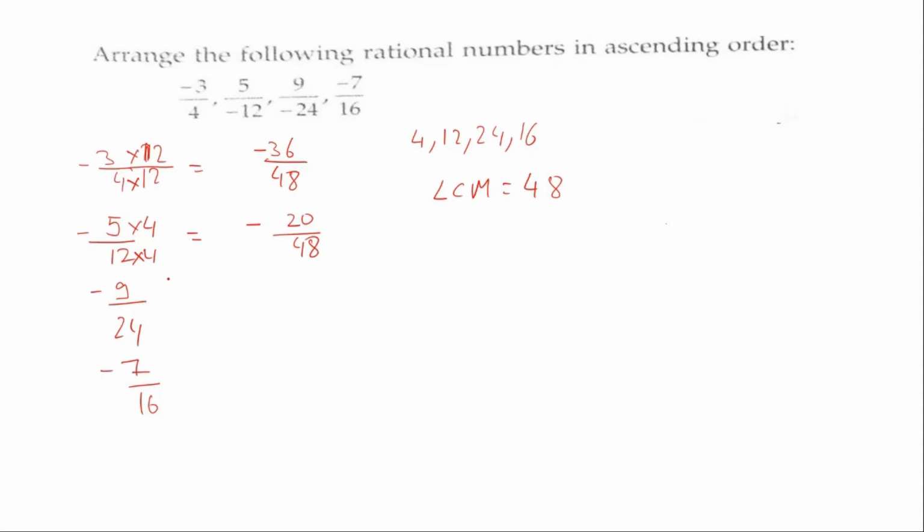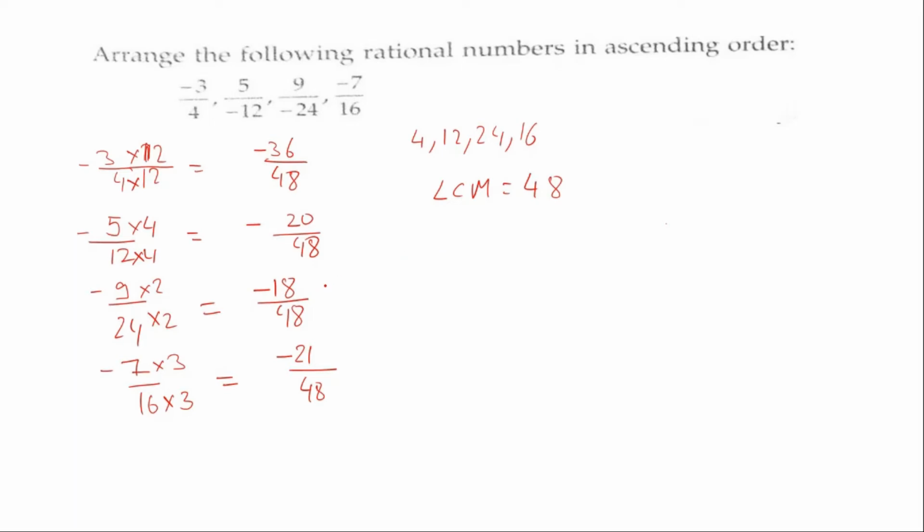The third one is minus 18 by 48, and for the fourth one we have to multiply both numerator and denominator by 3, so it will be minus 21 by 48. Now as we have made the denominators equal, it is easier for us to arrange them in ascending or descending order. So let us arrange it.